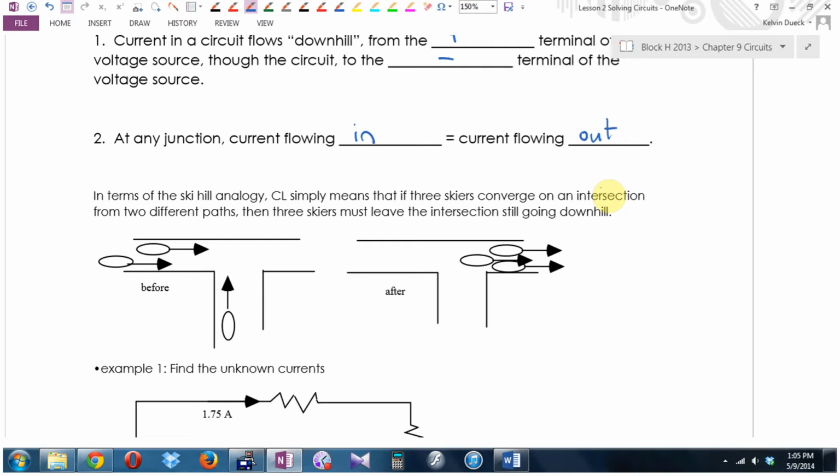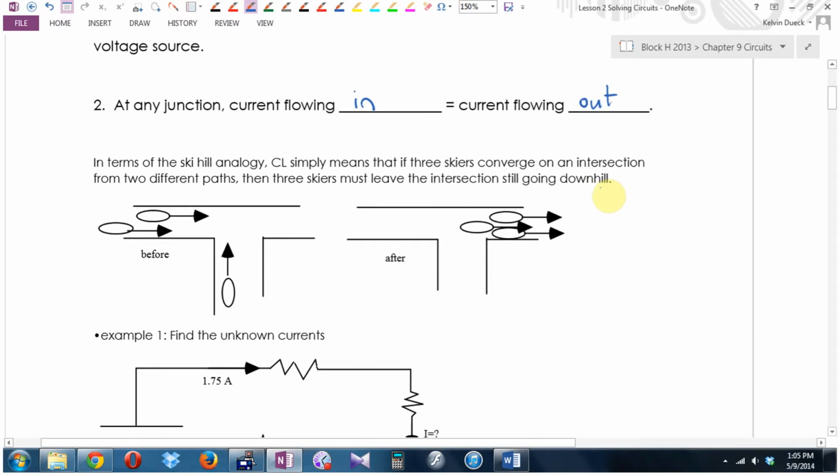So in terms of my ski hill analogy, the current law means that if three skiers converge on an intersection, three skiers leave. In my picture here, if I have 2 amps flowing to the right and 1 amp flowing up and they meet right here, how many amps must be going out of that meeting? Do the math.